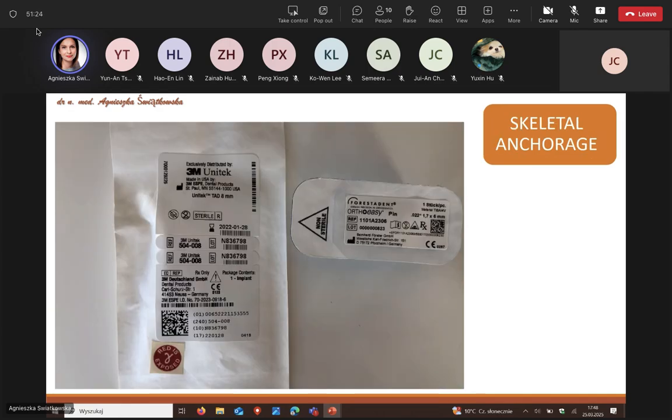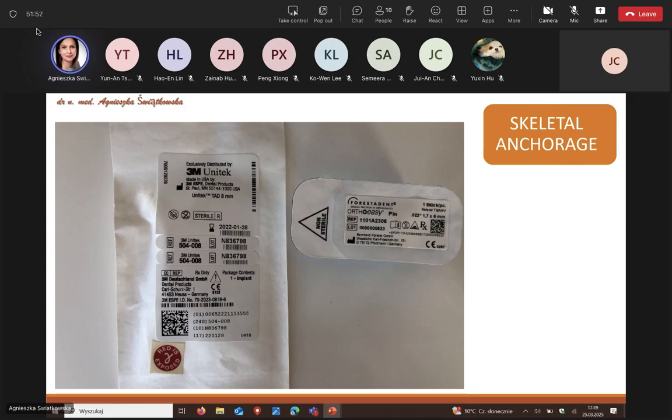Sometimes we have something like a bracket with a slot, so we can also use the typical orthodontic wire in these implants. Here you can see information which we have about this implant. Some kinds of implants are sterile. We can buy them after sterilization, or some are not sterile.